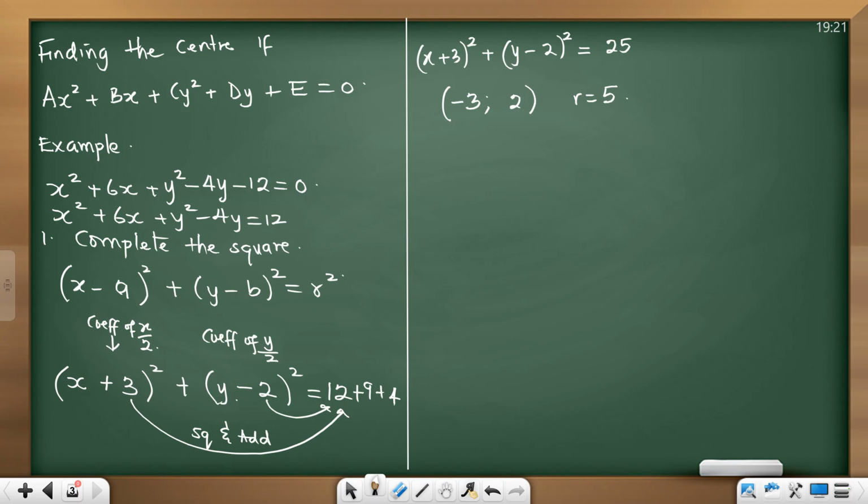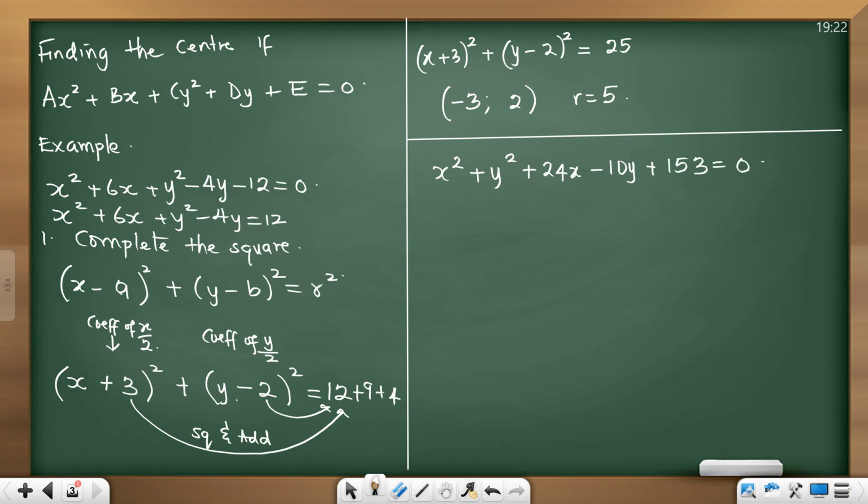You square and add. Once you are done writing, you can take on that one.